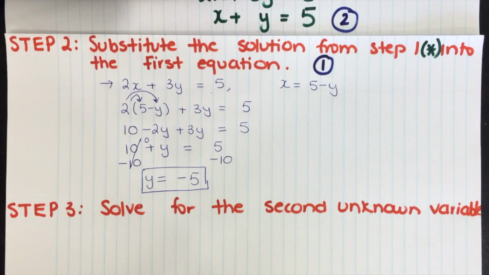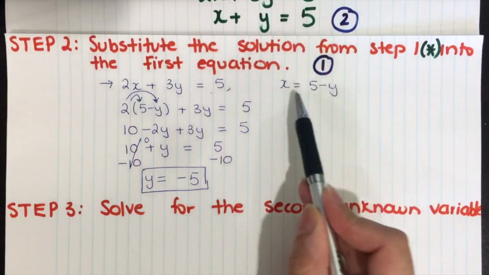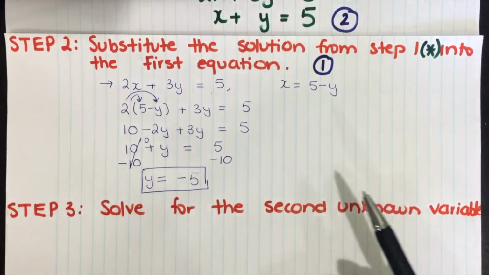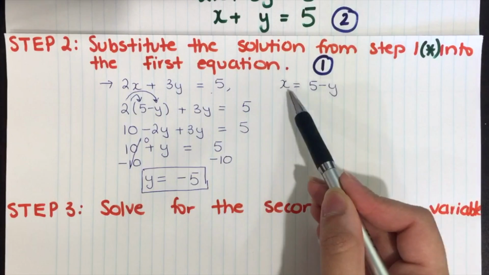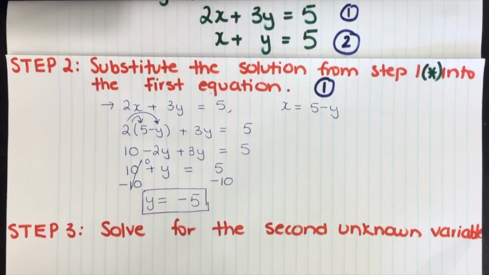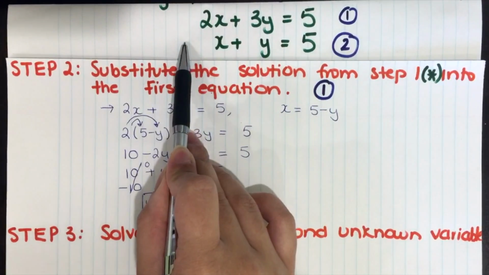Alright, so now we know y equals negative 5, and our final and last step would be to find our second unknown variable, which is x. When we rearranged the second equation, we were able to get x equals 5 minus y. So we can just substitute in y, which is negative 5, and directly get x. Or we can use either of the two equations that were given. It doesn't matter.